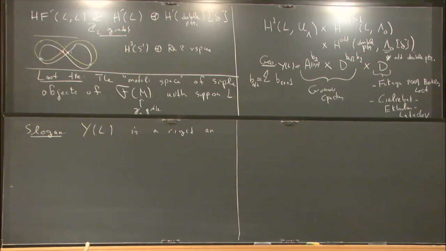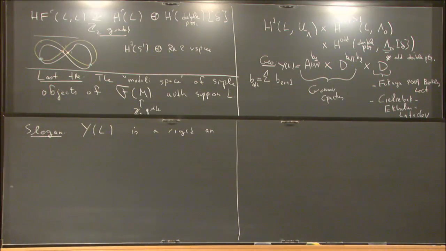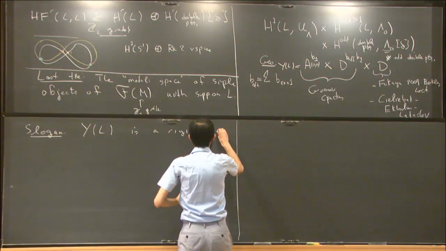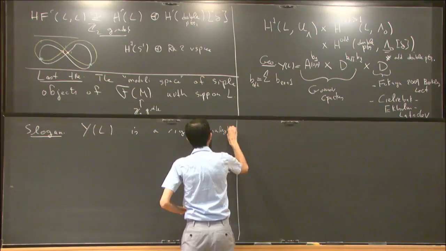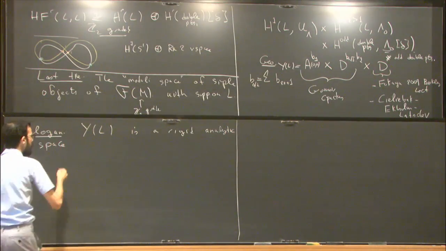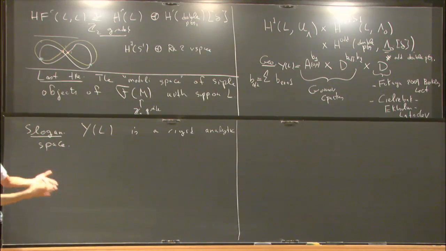Yes, it was already a stronger assumption of no holomorphic bigons, just to compute that the cohomology is what it is. Otherwise you have a differential. So Y of L is a rigid analytic space, and it only depends on L itself. It doesn't depend on the embedding because we put so many conditions.